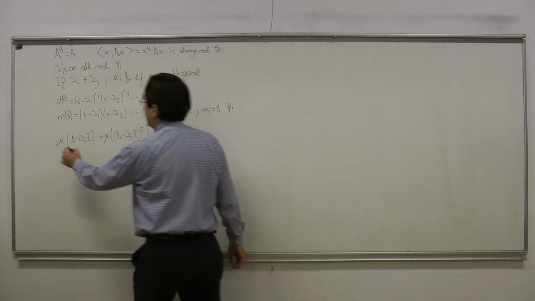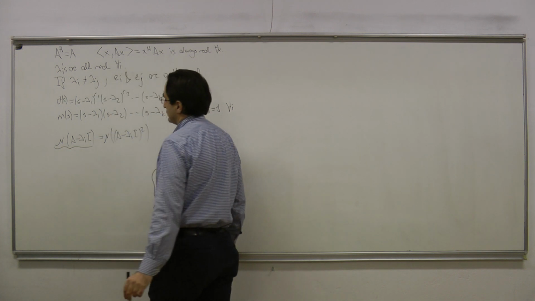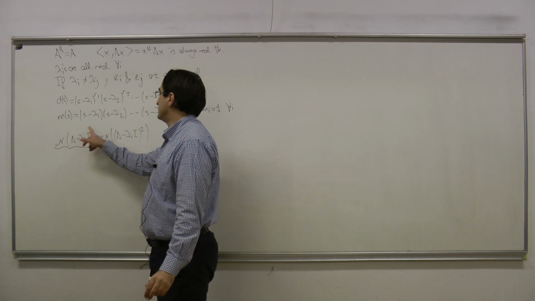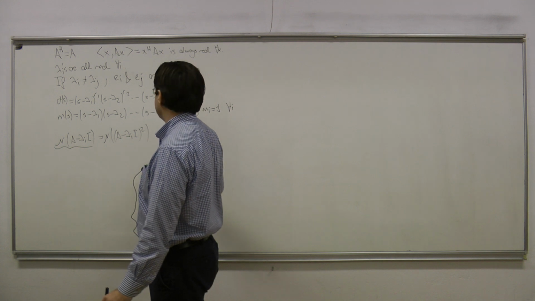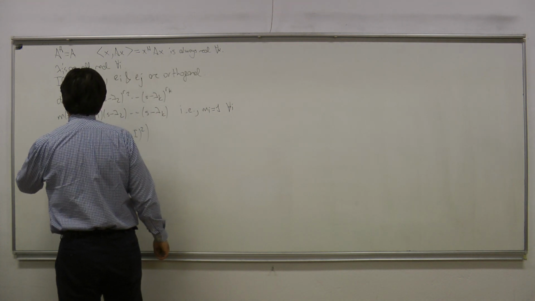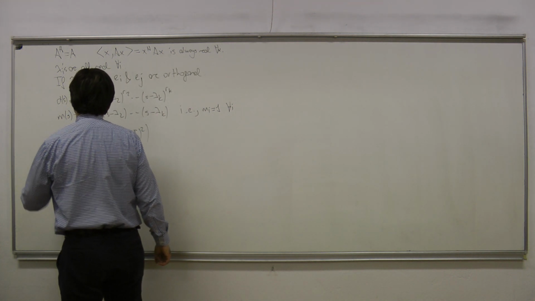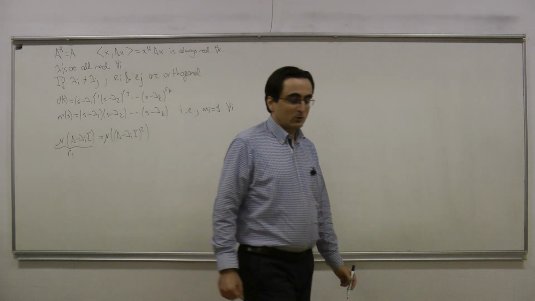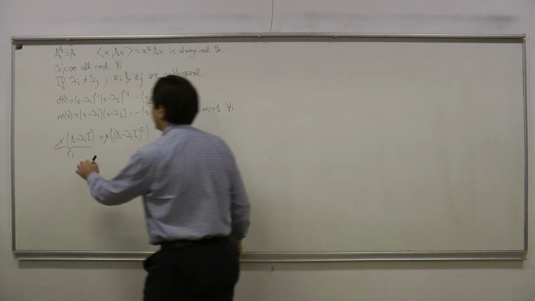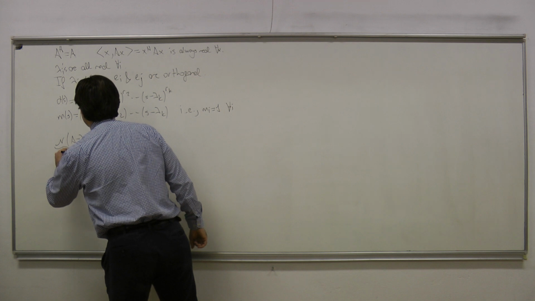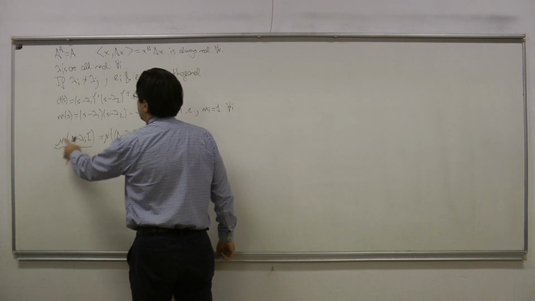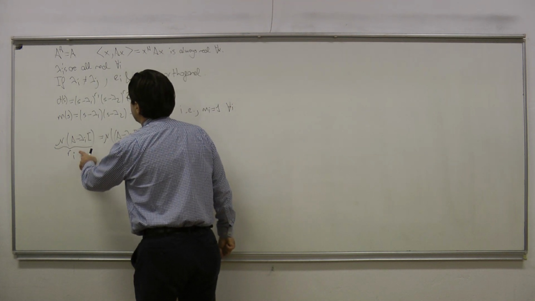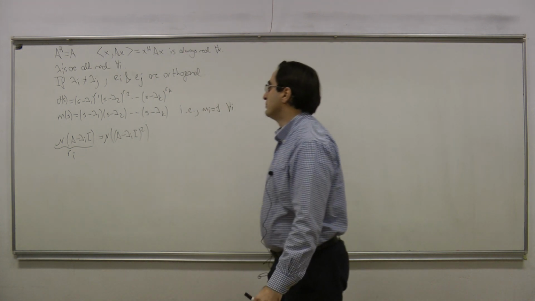Therefore, this is the largest null space. The largest null space is reached at the power 1 because m_i is 1, and the dimension of this one would be r_i. For each eigenvalue, the dimension of the largest space would be the characteristic polynomial power.